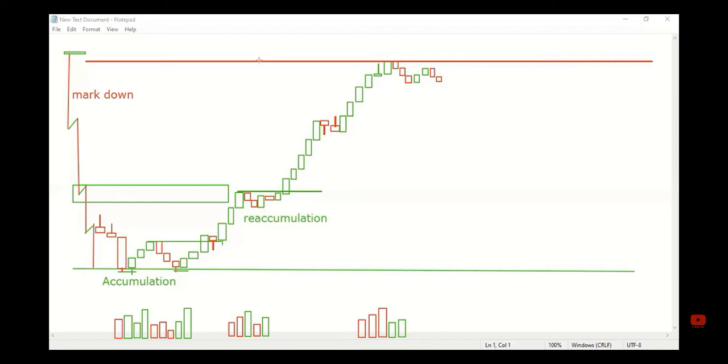Now it's a strong sellers' entry point area. The market creates a chart pattern here and the volume is very high, so the sellers' candles volume is higher than the buyers' candles volume.